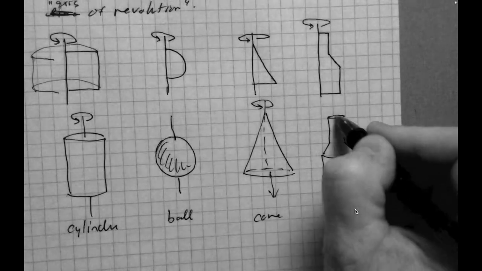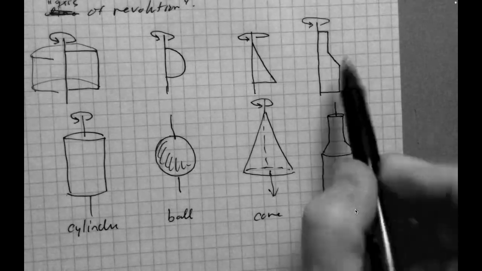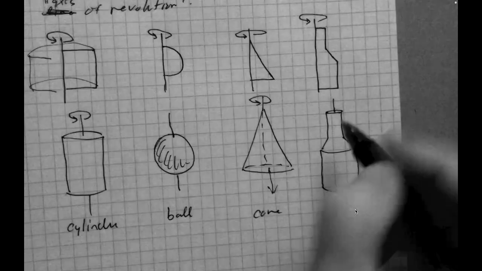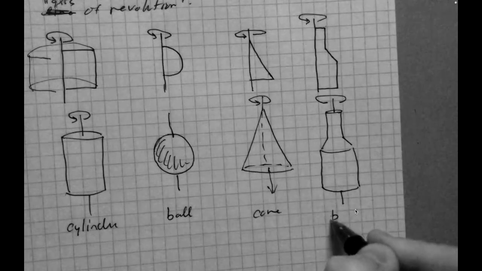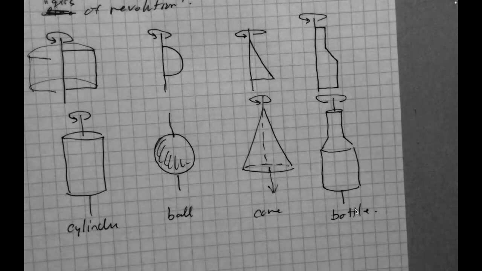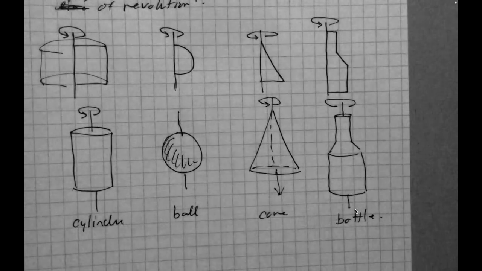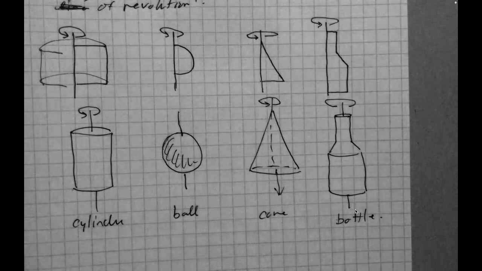It's not exactly like this, but you get the idea, right? There's obviously an infinite variety of shapes that can be spun up in this way, and this is just a smattering.